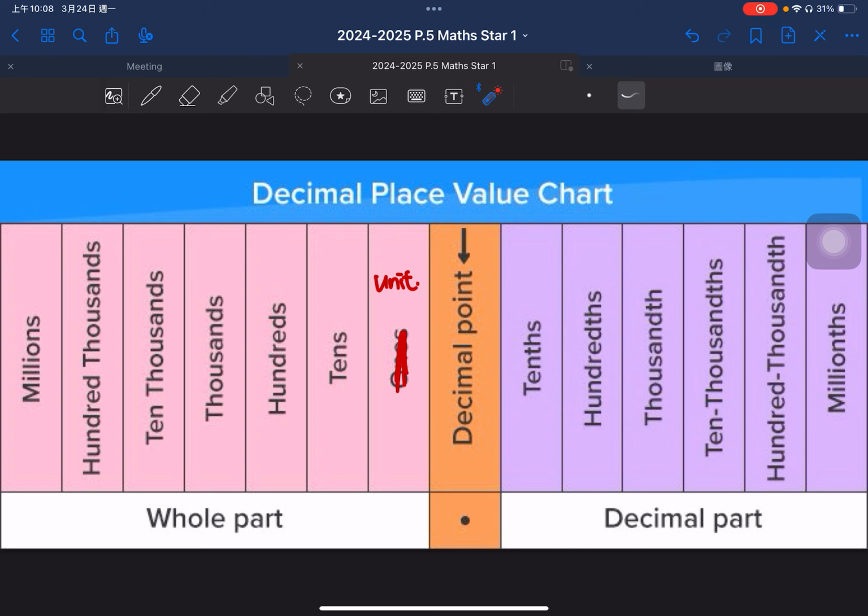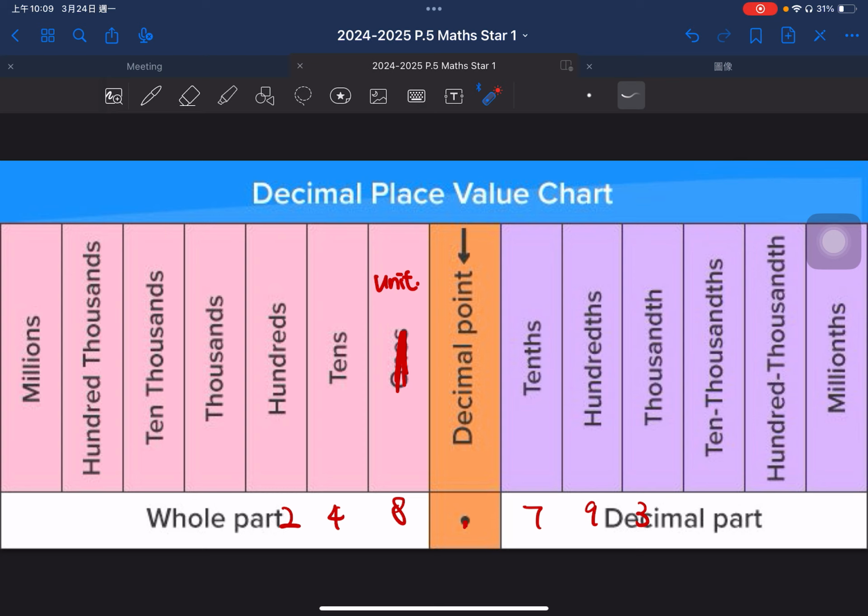What does that mean? If there is a number, for example, 248.793, then 7 will be in the 10th place, 9 will be in the 100th place, and 3 will be in the 1000th place.